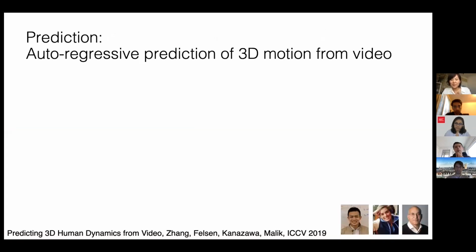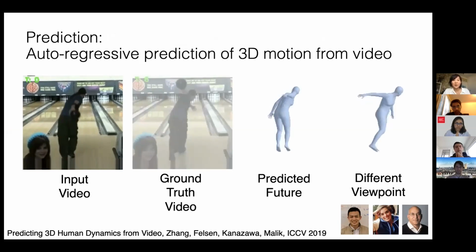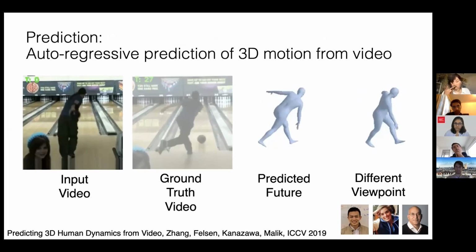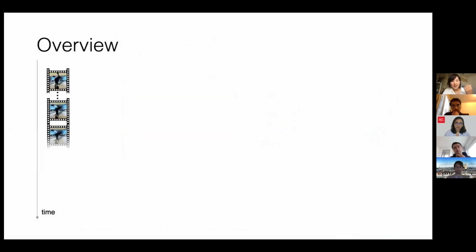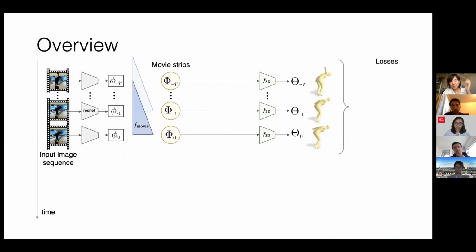So in ECCV, Jason and Panna, with Mike and Jitendra, we took the output of the previous approach to train an autoregressive approach that, given some video, can predict what the future is going to be. And really, it's a simple approach that takes the previous approach on human mesh motion recovery, but makes these temporal convolutions into causal temporal convolutions, so it only looks at the past.